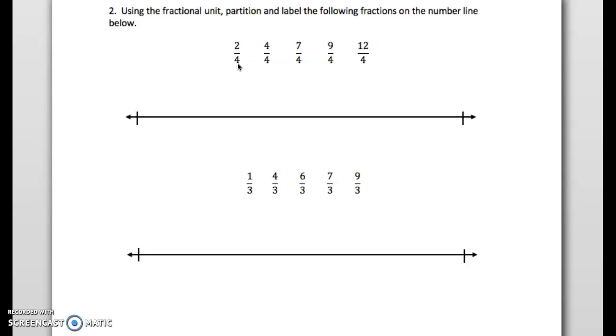Now take a second and think to yourself, is 2/4 greater than or less than 1/2? We know that 2/4 is less than 1/2, so therefore one of our endpoints will be 0.